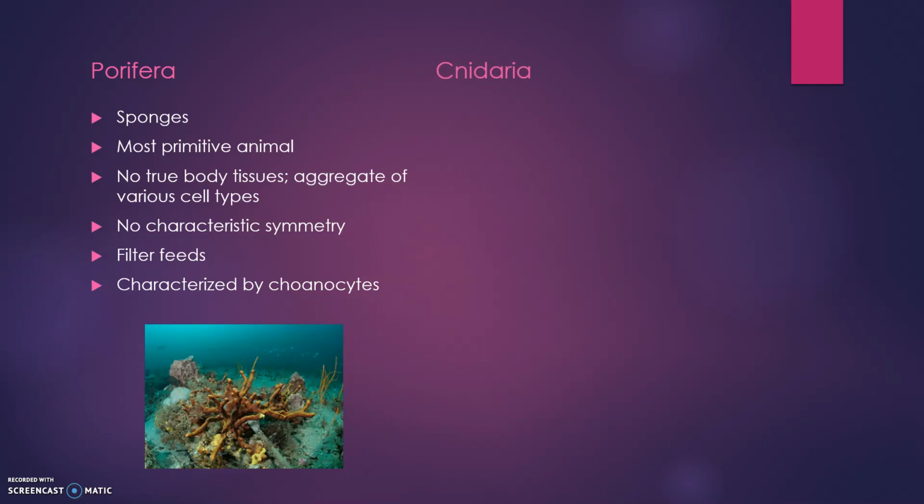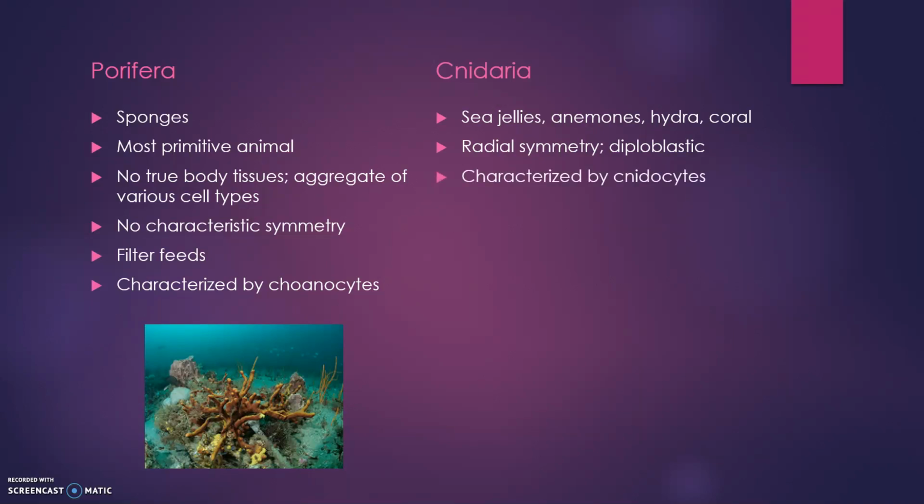The next phylum is Cnidaria, which includes sea jellies, anemones, hydra, coral, things you wouldn't really expect. These are radially symmetrical, and they're also diploblastic. That means that they have 2 layers of tissue, which is kind of detailed.